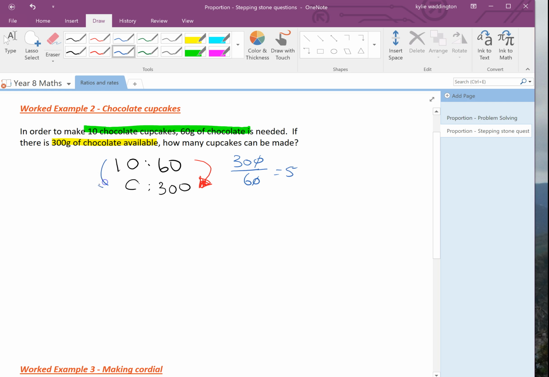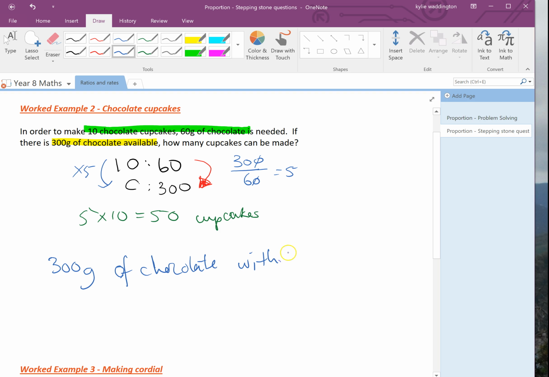So we take the other side and we multiply by 5, which gives us 5 times 10, which gives us 50 cupcakes. Again, worded problem, so we need to make sure our answers are worded. 300 grams of chocolate will make 50 cupcakes.